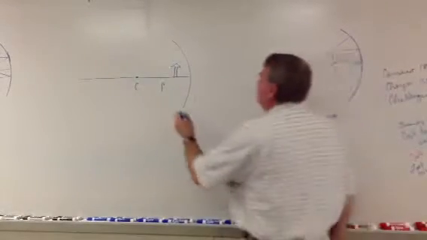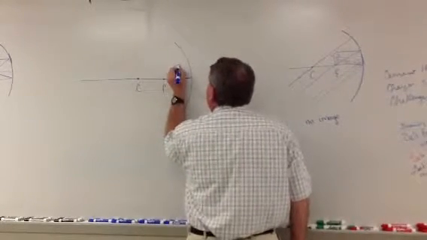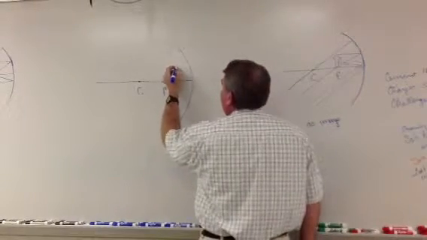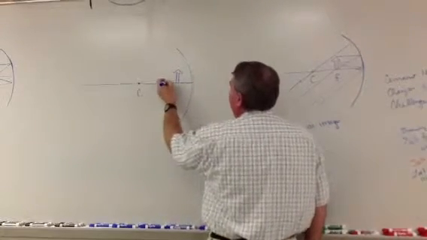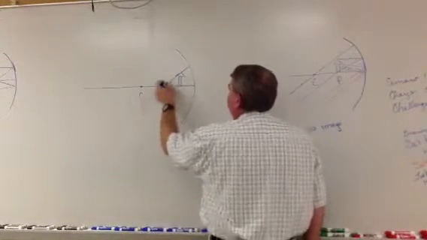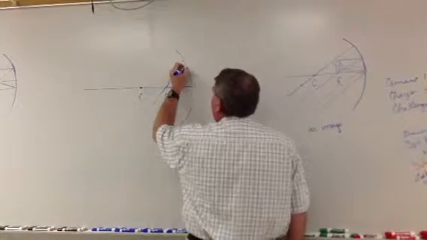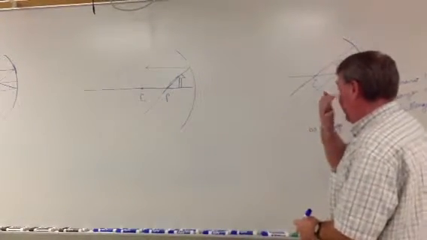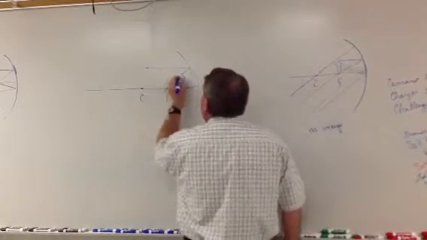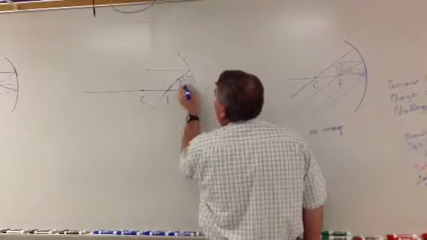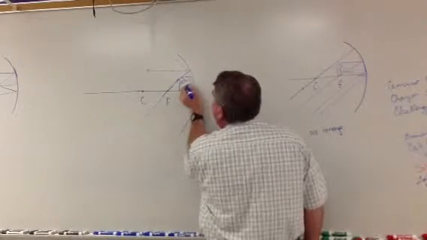So, to ray trace this, any beam of light that passes through the focal point goes up and comes out parallel, and any beam of light that comes in parallel passes through the focal point, but we're just going to draw that much.